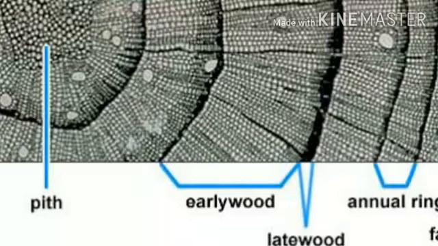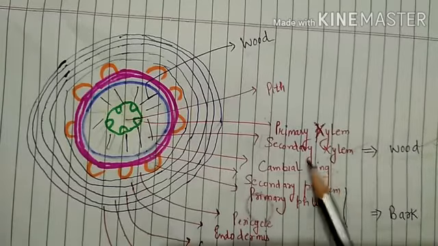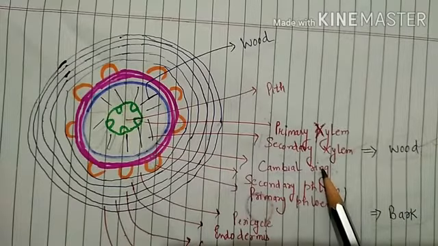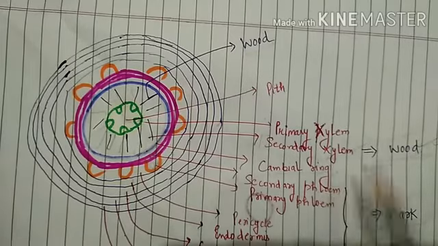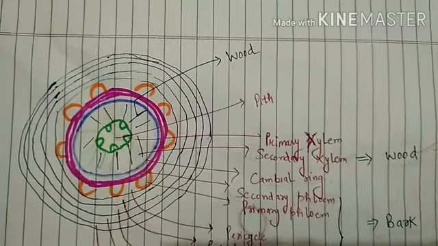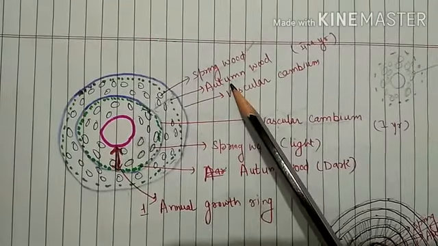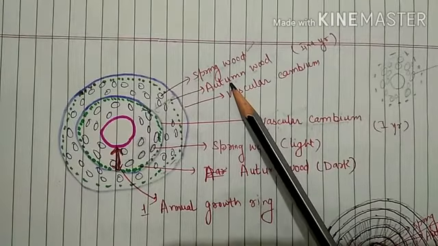For plants found in a temperate climate, the activity of the cambial ring is not uniform, and therefore we can observe two types of wood in the plants of temperate regions. The two types of wood which we can see are spring wood and autumn wood.